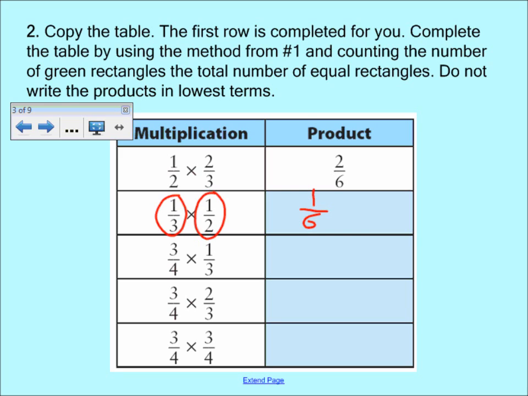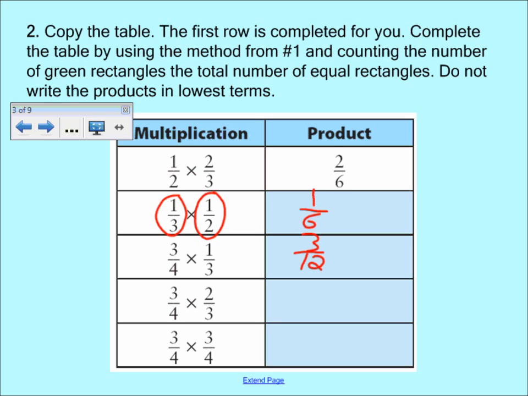1/6 should be shaded both. The next one, we've got 3/4 of the page, and then you shade 1/3 of the page. So 3/4 of the page yellow, and then 1/3 of the page blue. And you should end up with 3/12 of the page shaded.